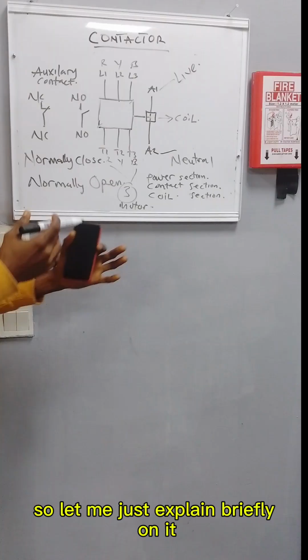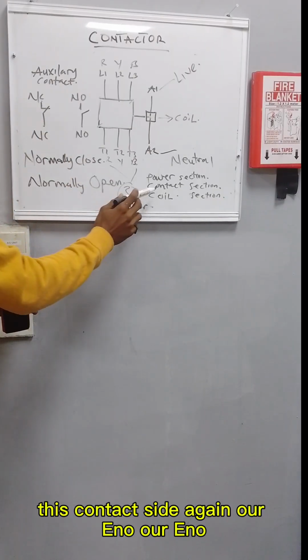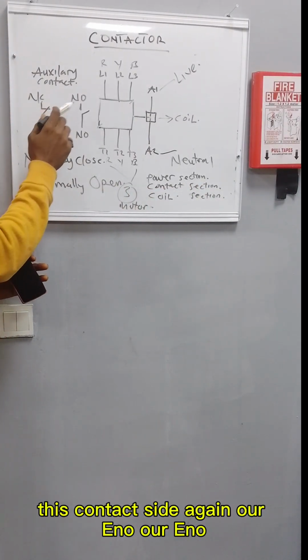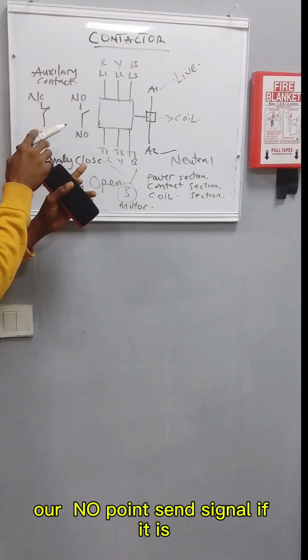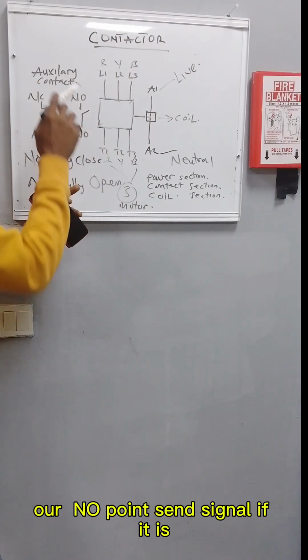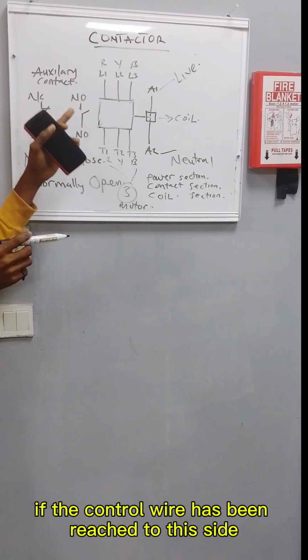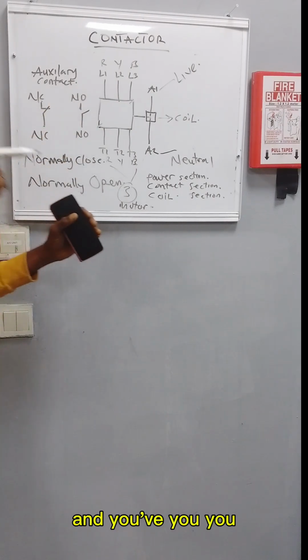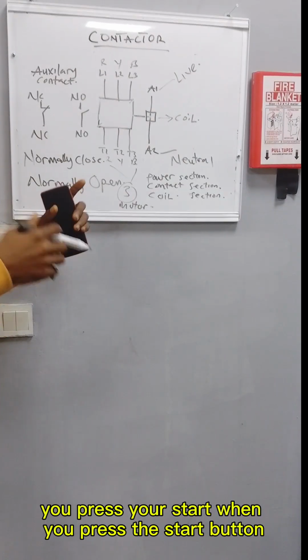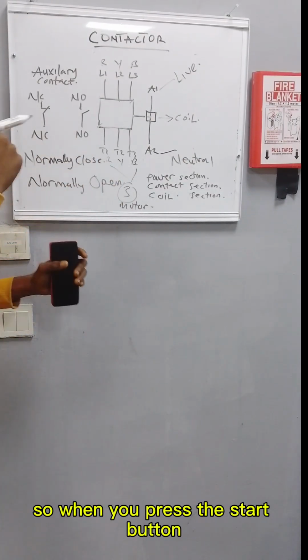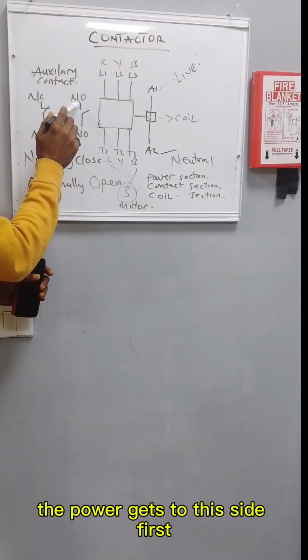Let me just explain briefly on it. On this contact side, our NO point sends signal if the control wire has been connected to this side and you press your start. When you press the start button, the power gets to this side first.